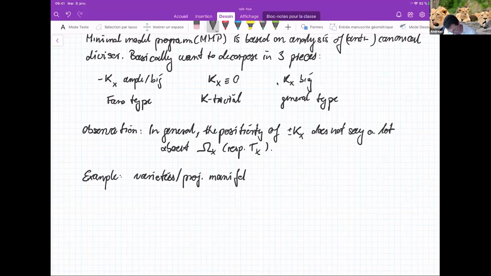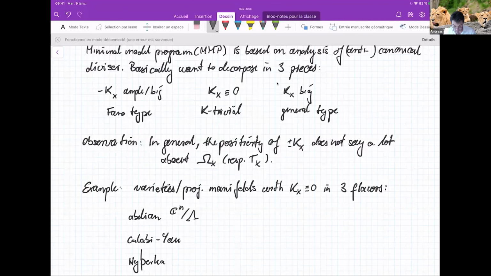You have abelian varieties, so C^n mod Lambda, and you have Calabi-Yau varieties, and then you have hyperkähler manifolds, up to covers and products. This is the kind of variety with a trivial canonical bundle which you will encounter. They all have trivial, or at least numerically trivial, canonical bundle.